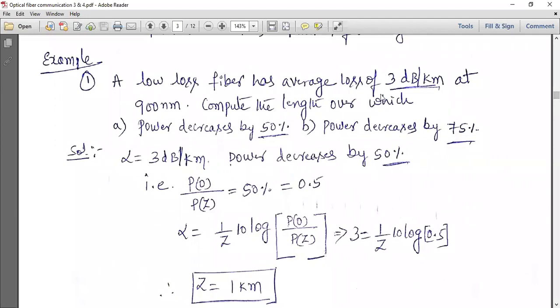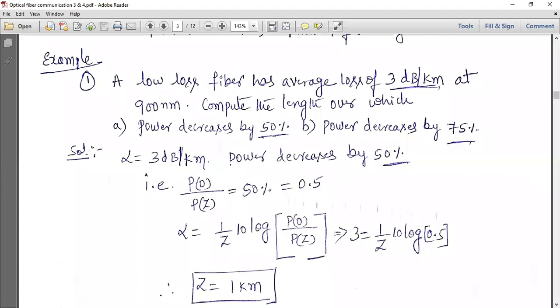Here alpha is given: 3 dB per kilometer is alpha. Power decreases by 50% means the remaining power will be 50%. So P of 0 divided by P of Z is 0.5.